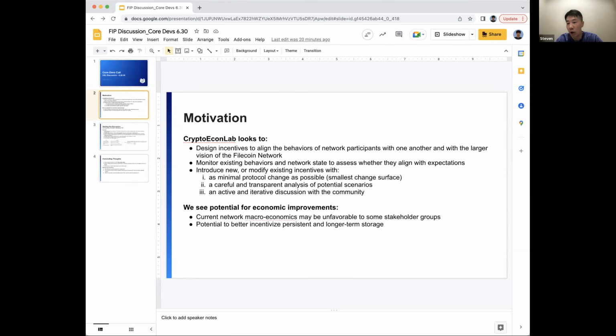While we encourage the storage providers to store data longer, with longer duration sectors, at the same time we need to keep it cheaper, keep it affordable for our clients or the storage providers.